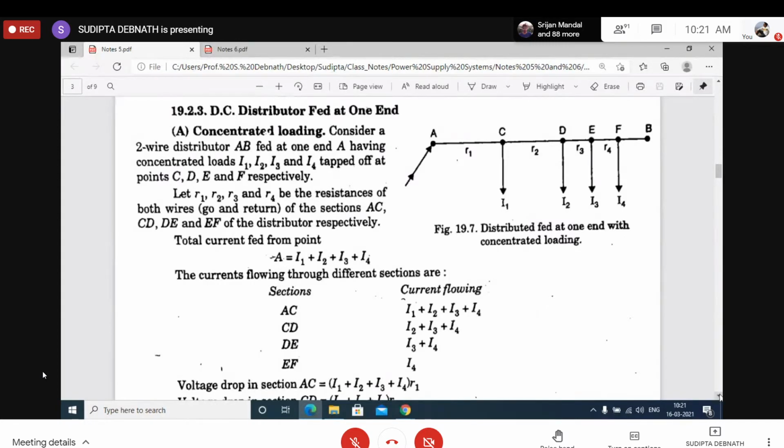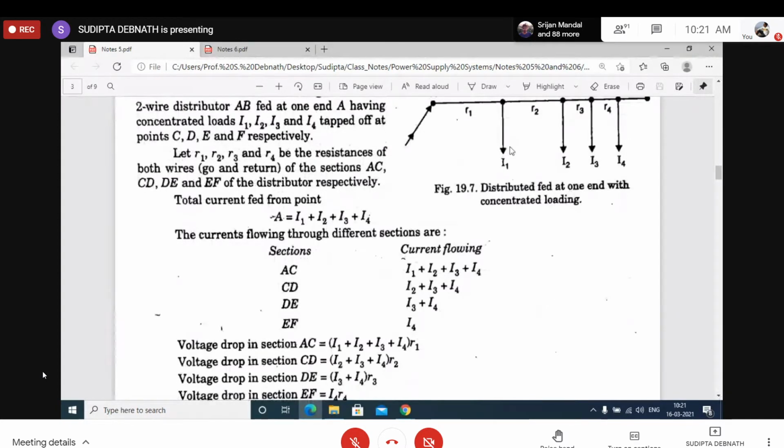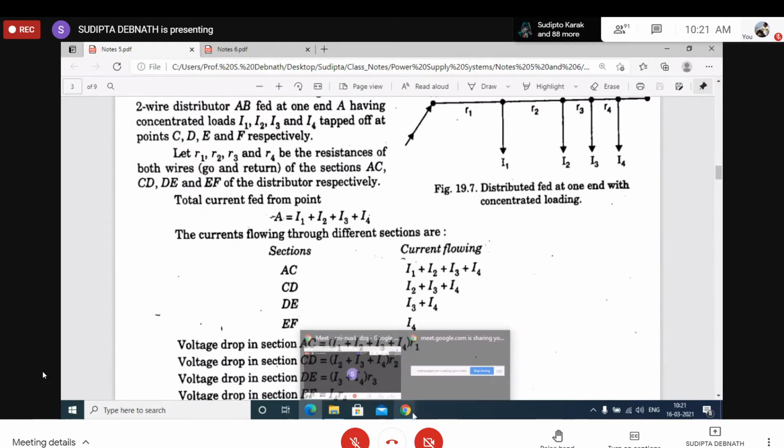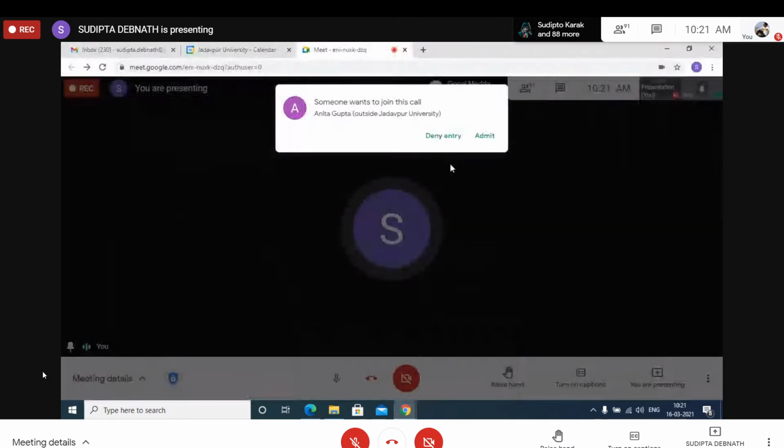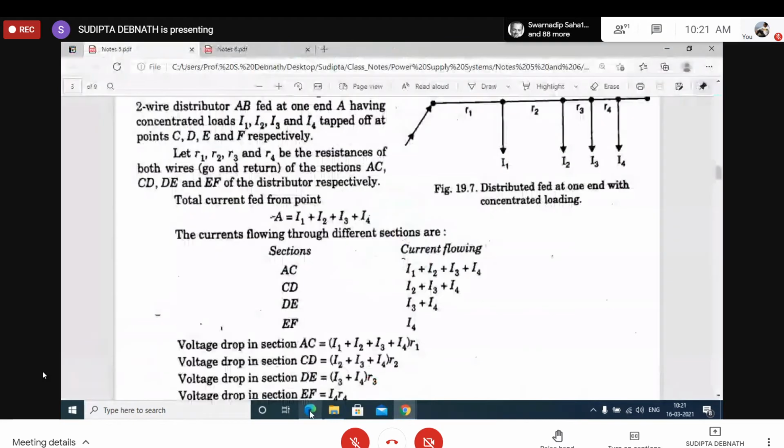Then voltage drop in section CD is current in section CD, that means (I2 plus I3 plus I4) into R2. Like that it will go. What is the drop in this last section? Only I4 into R4. So you can easily understand what is the current flowing and what is the voltage drop in different sections.